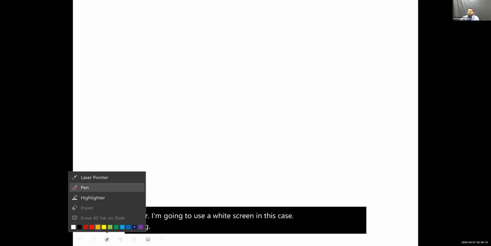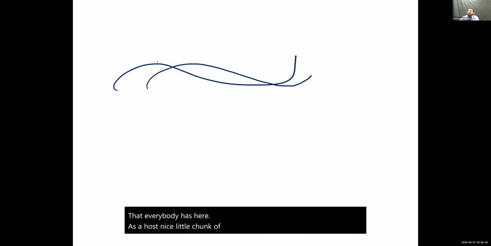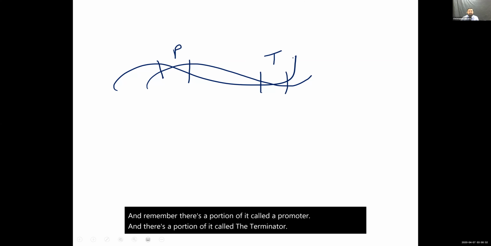Okay. Let me try and remember that everybody has, us as a host, a nice little chunk of double-stranded DNA. And remember, there's a portion of it called a promoter, and there's a portion of it called a terminator, where to start and stop transcription. In other words, your RNA polymerase, I'll make a little protein over here.